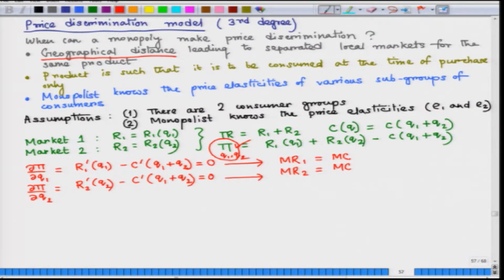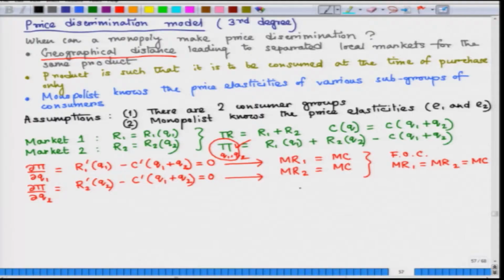Okay. So, in a nutshell we can say the profit maximization first order condition for a price discriminating monopolist is MR1 equal to MR2 equal to MC, right.